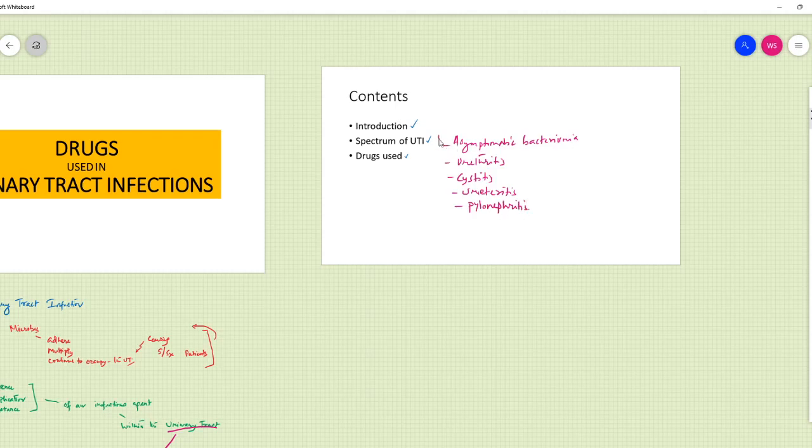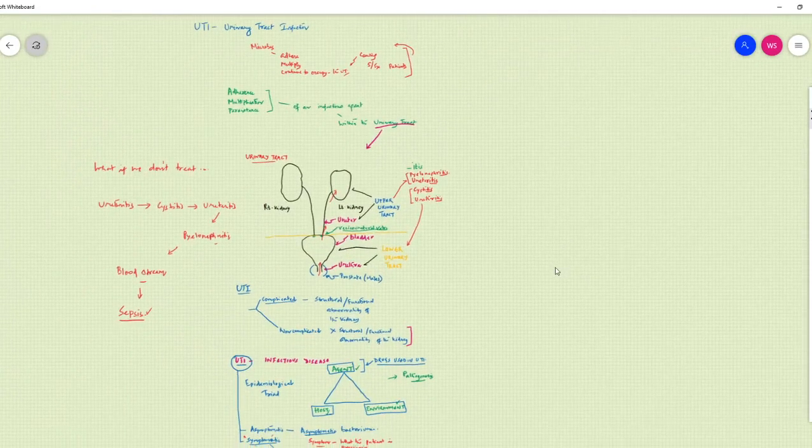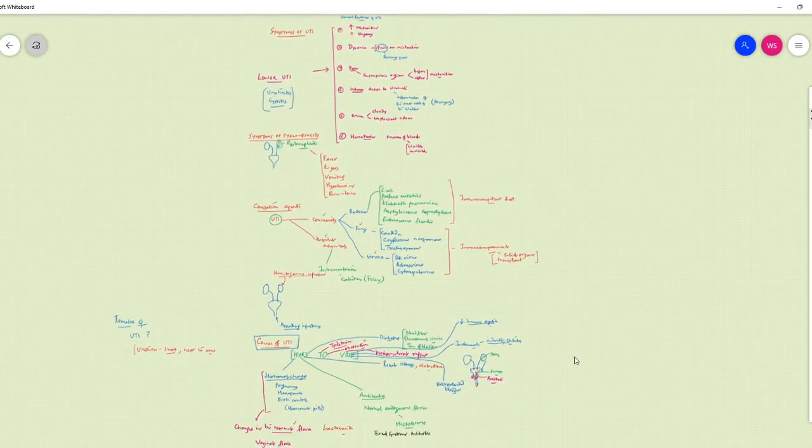So this was the spectrum that we discussed, and we talked about the drugs used in the major infections, in males as well as females. So with that, let us conclude this lecture.